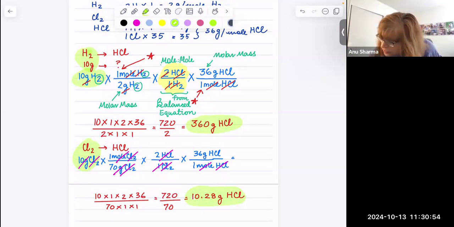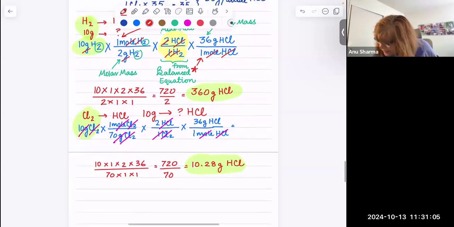So here in this case, 10 grams of chlorine will give us the lower amount.